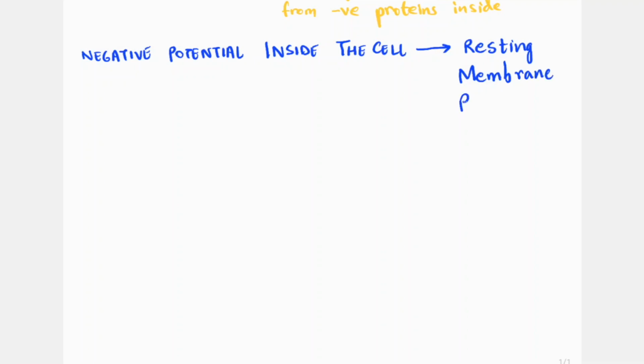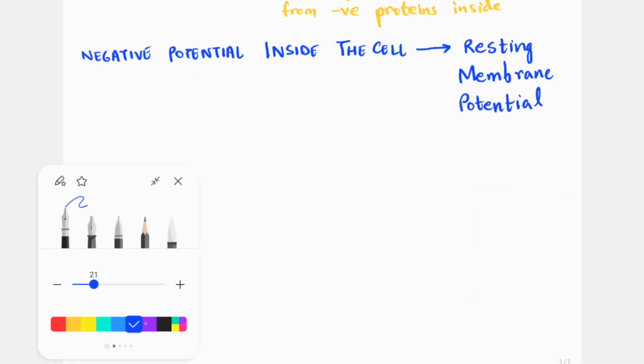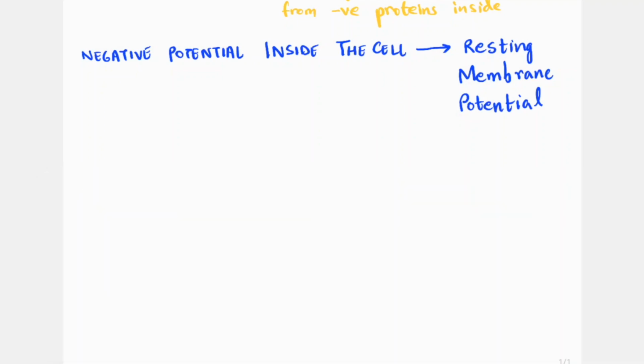potential. Now, every cell has a resting membrane potential, and it's more or less equal for every cell. But since we are concerned about neurons, I'll tell you the one for neurons. The value of the resting membrane potential for neurons is approximately minus 70 millivolts.